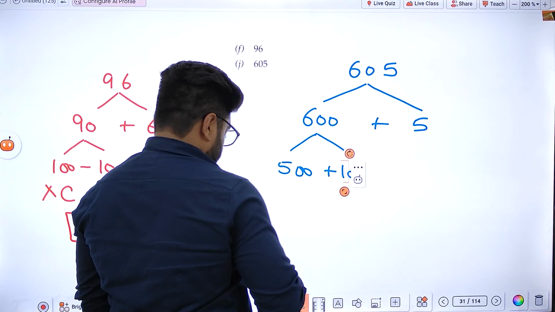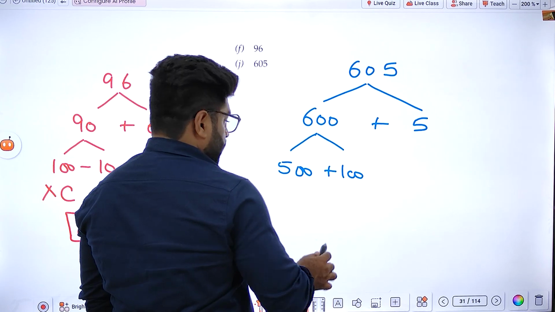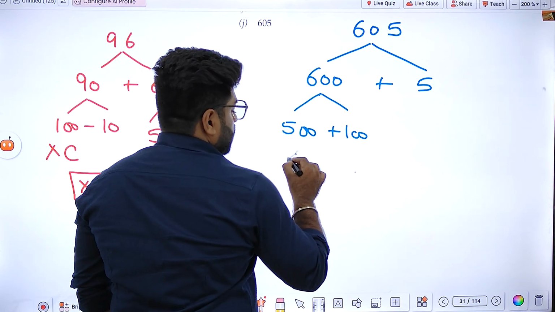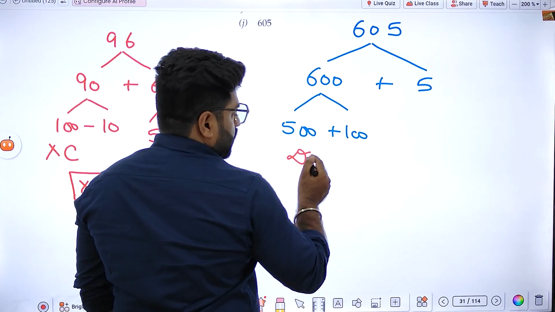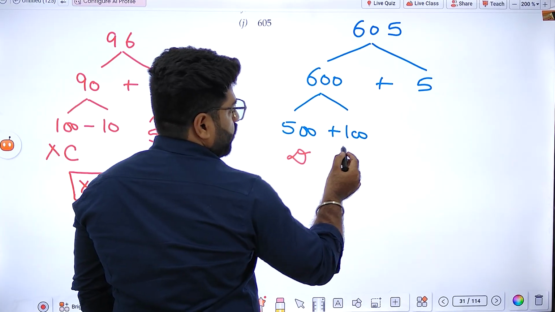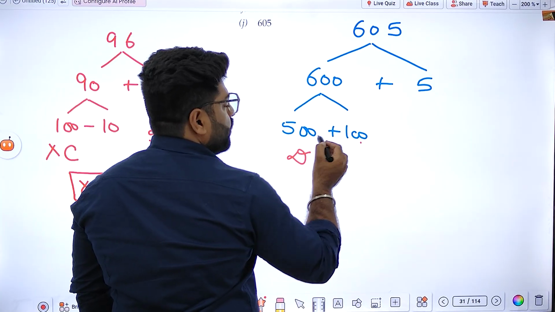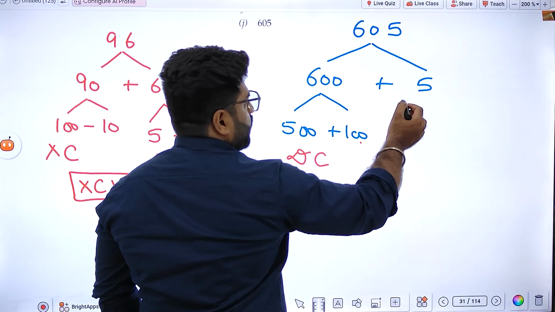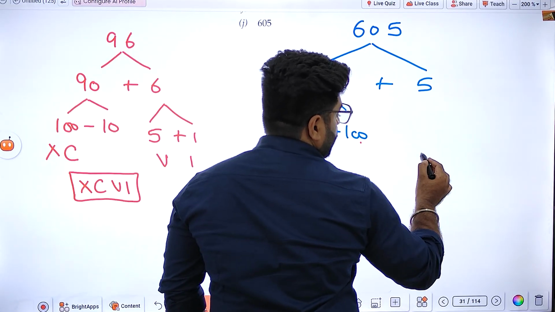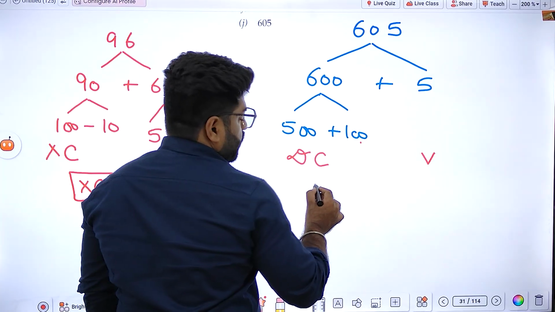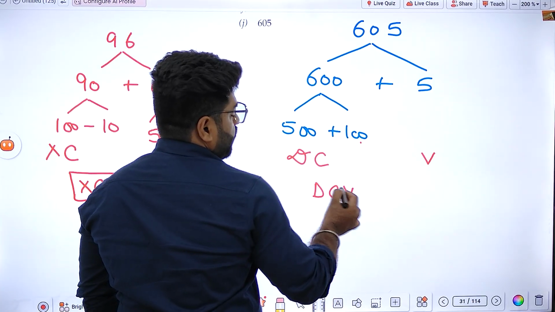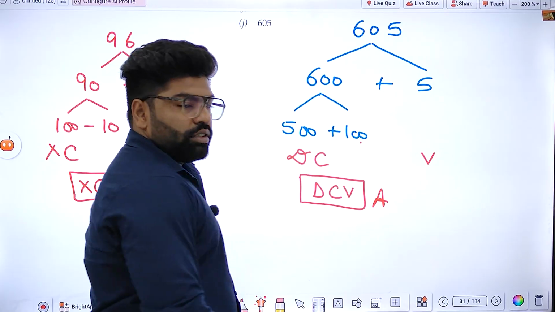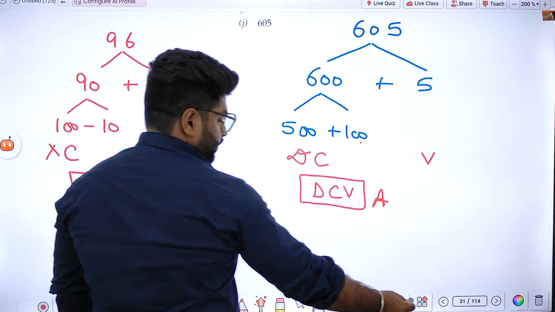For 500 we have a symbol, that is D. D for 500 and C for 100, and as there is a plus sign, we put them on the right hand side, and for 5 we use V. So we have DCV. So that represents 605 as a Roman numeral. Clear?